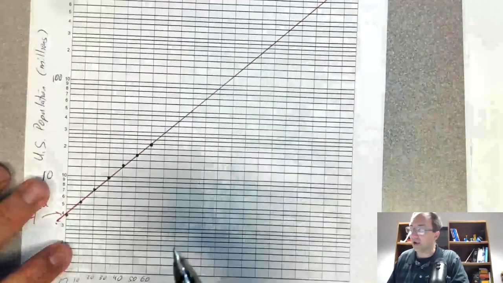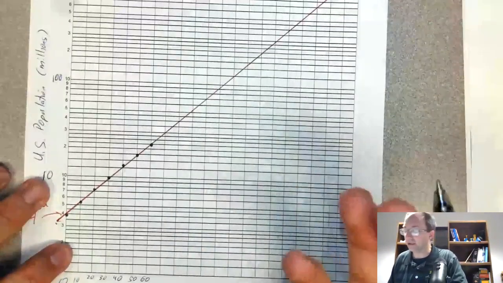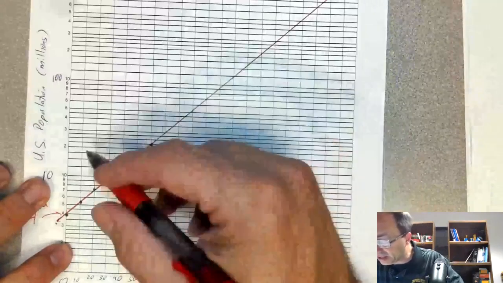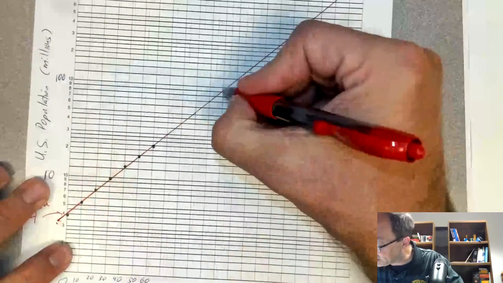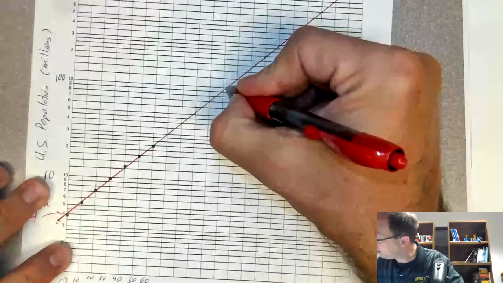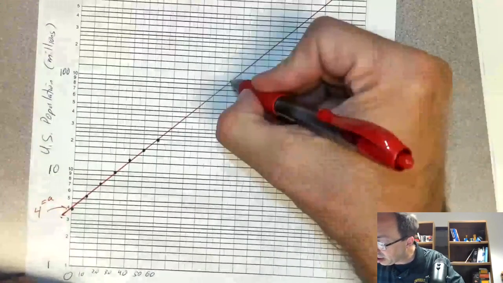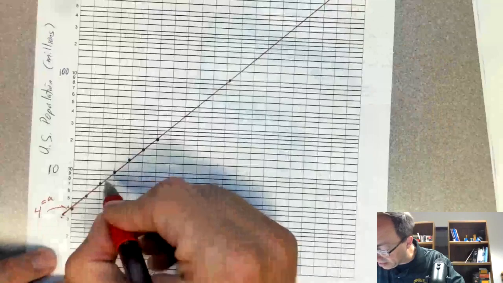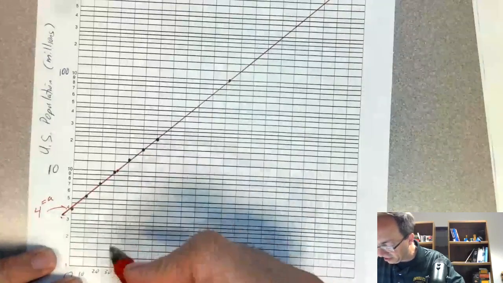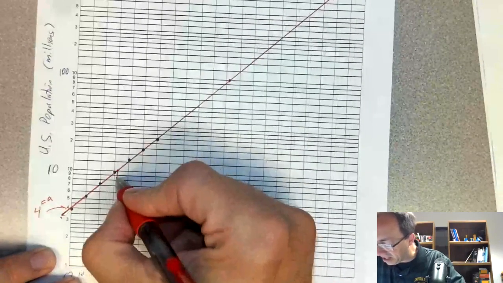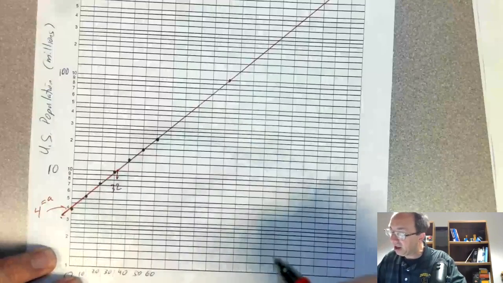So, and that's going to give us a rise of basically 1 order of magnitude. So for example, if I look at here at 100, it looks like it crosses about here, okay? And if I look at 10, it looks like it crosses about here.